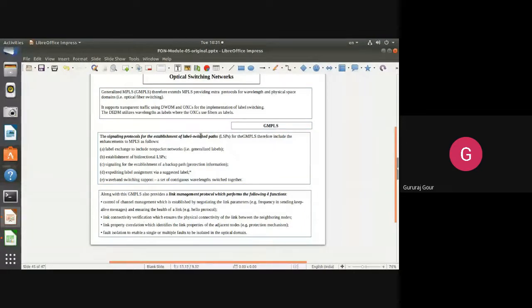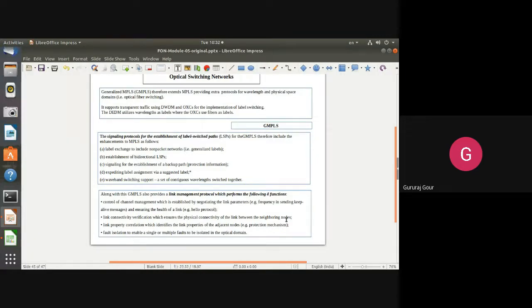The second important function of GMPLS is the link connectivity verification, that ensures the physical connectivity of the link between the nodes. Then the link property correlation, which recognizes the link properties of the nodes.